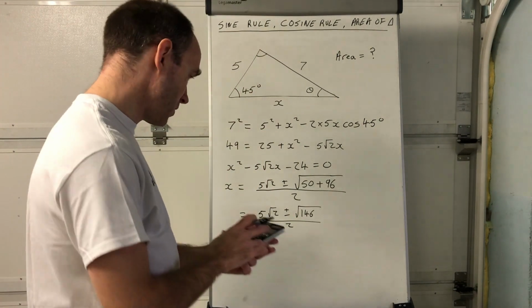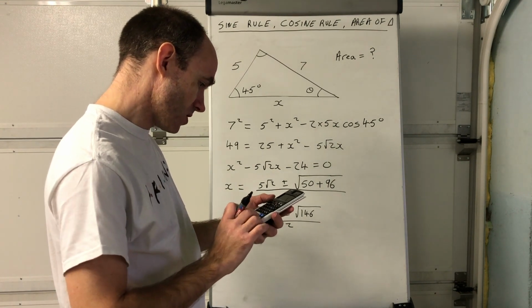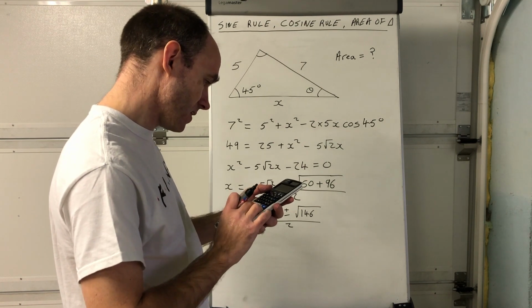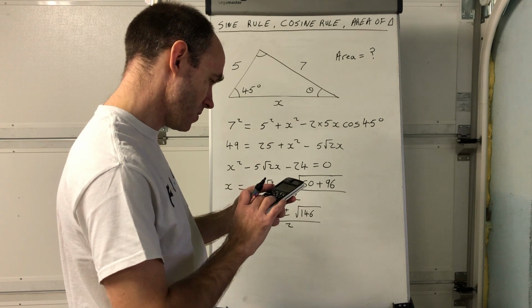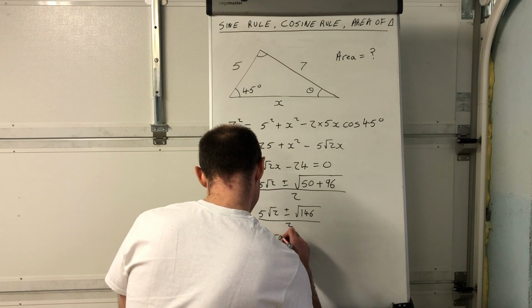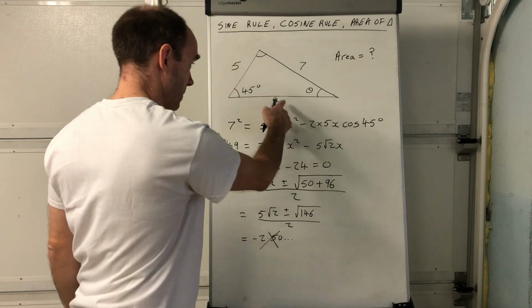Now you can check it if you want, but one of those answers will be negative. Let's just check that. So 5 root 2, subtract root 146, yeah, that's going to be negative, divided by 2. So that's negative 2.50 something. I'll cross it out straight away because that's not what we want. We want a positive answer.